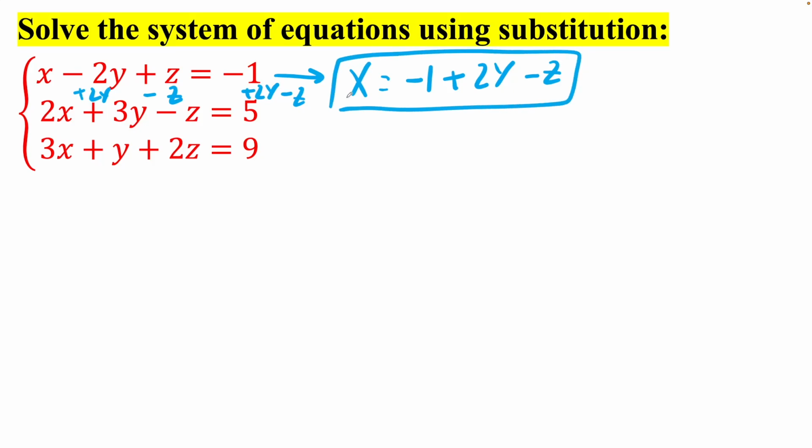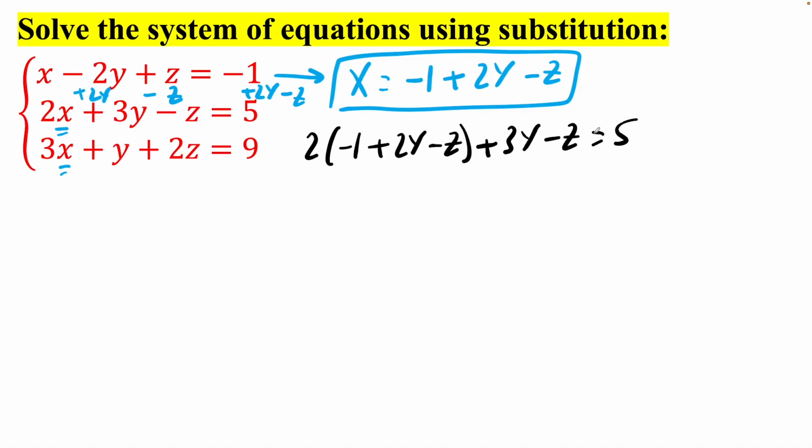Now again, substitution, keyword is substituting. You're going to replace x with this, replace x with this. And so we're going to get 2 parentheses -1 plus 2y minus z, close it, plus 3y minus z is equal to 5. We'll go ahead and distribute.